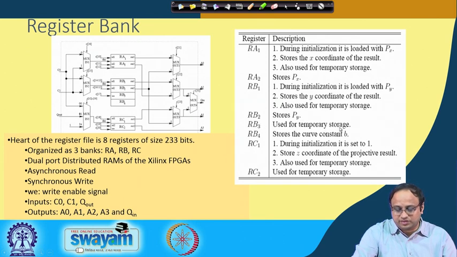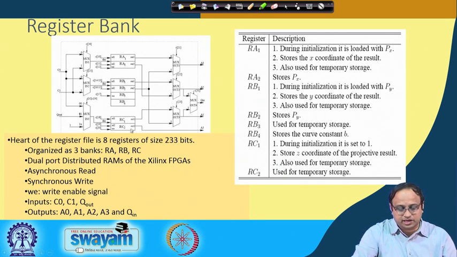RB3 is another register which we use for temporary storage, and RB4 stores the curve constant, which is small b. So you take it from the RAM and store it in RB4 for faster access. And RC1 stores the z coordinate. You remember we initialize the z coordinate with 1, so you set it to 1, and you store the z coordinate of the projective result, and it is also used for temporary storage.